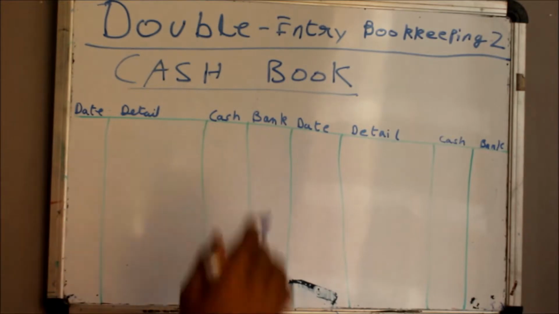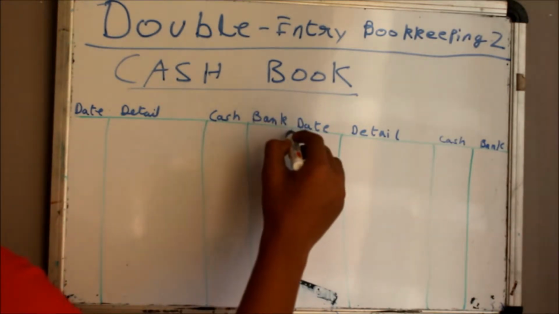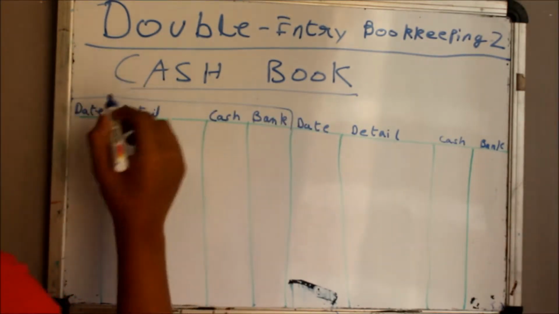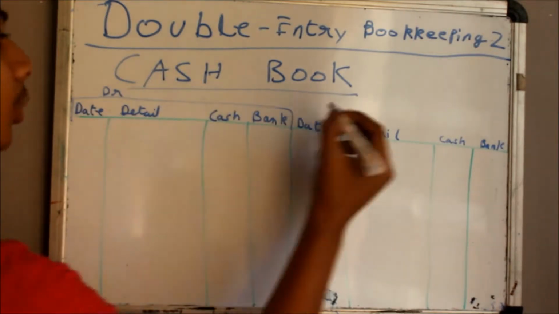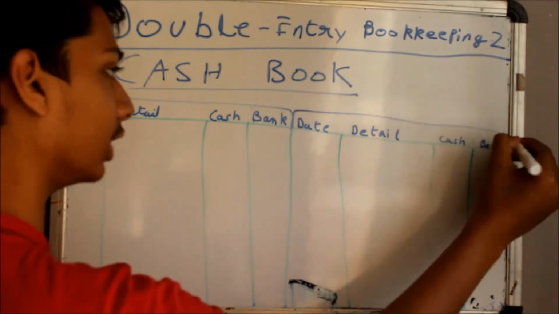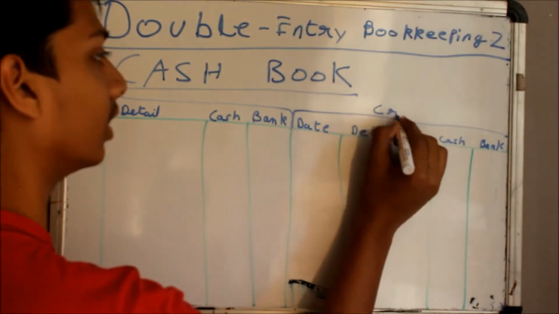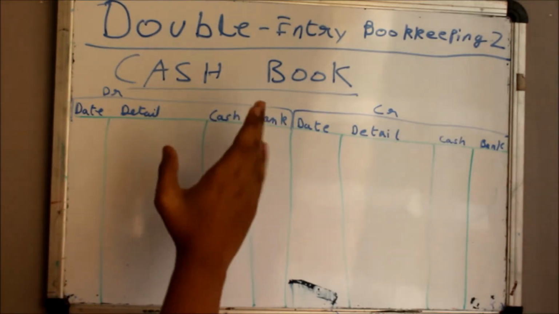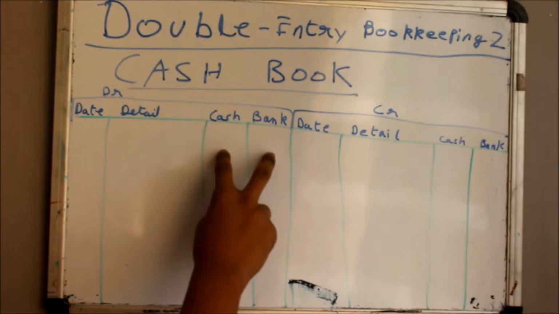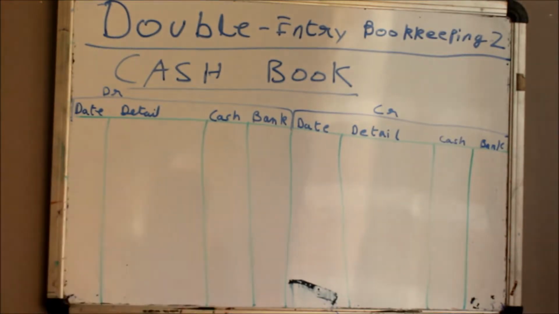Okay, so as you can see here, this side of the cash book is the debit side, which is obvious. I'm just going to write DR over here, and this side of the cash book is the credit side. Alright, so in the cash book, the difference is that instead of one amount column, there are two types of amount columns on both the sides.